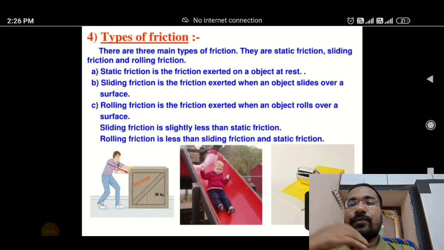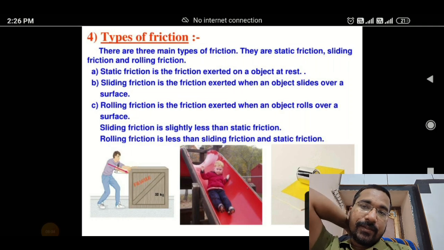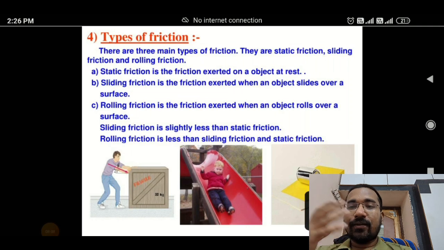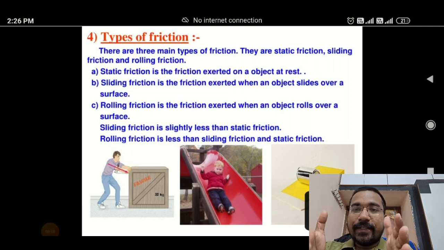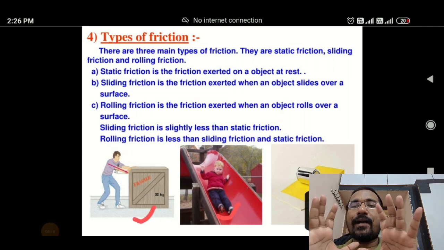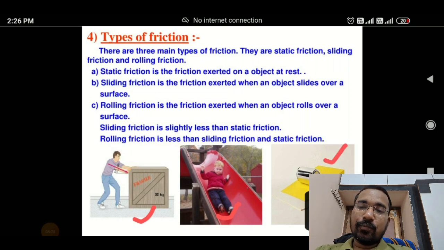First the question: if we move it, which force will we apply more, when the object is static or when the object is moving? Obviously when the object is starting. Okay, at the start we have to push harder, and when it is moving you have to push with less force. So here it is more friction, and here it is less friction.